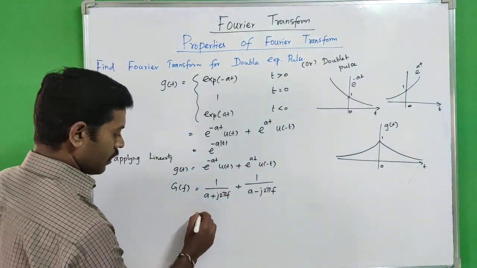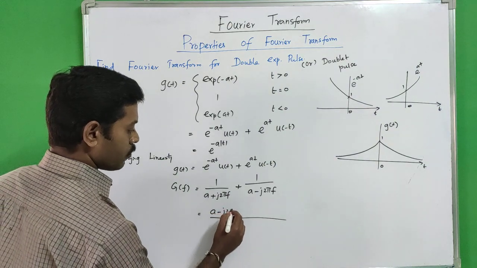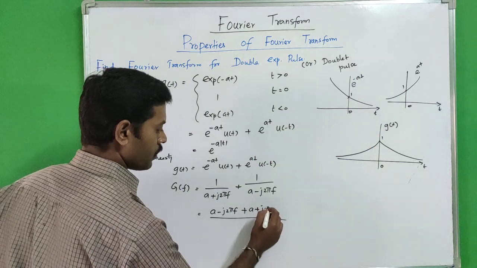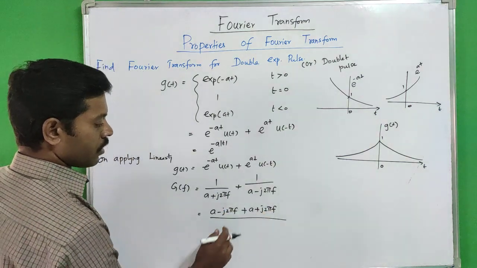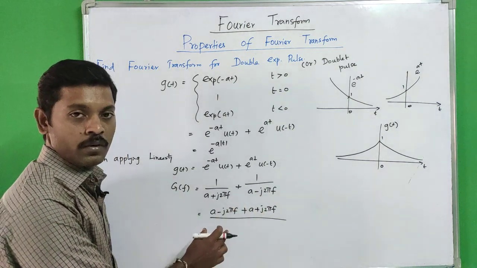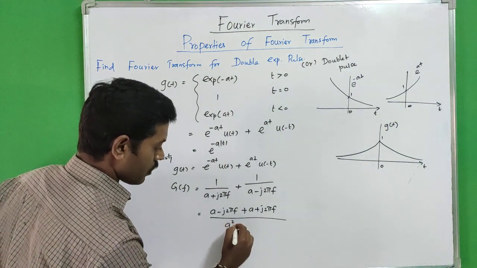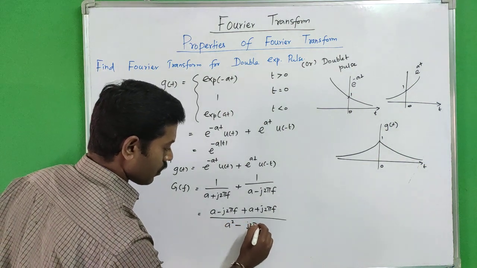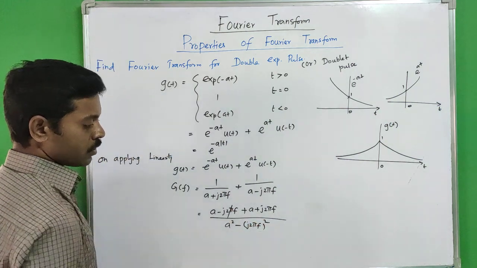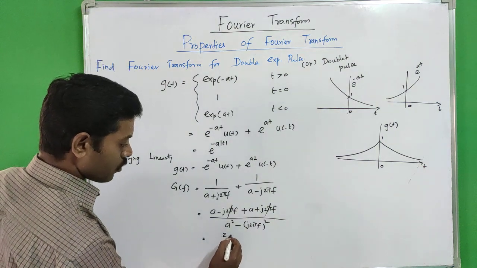So you just take the LCM here, a minus j 2 pi f plus a plus j 2 pi f, and then in the denominator we use the (a plus b)(a minus b) formula, so we can write a square minus b square. So a square minus (j 2 pi f) square. In the numerator, minus j 2 pi f plus j 2 pi f cancel, so we have 2a.